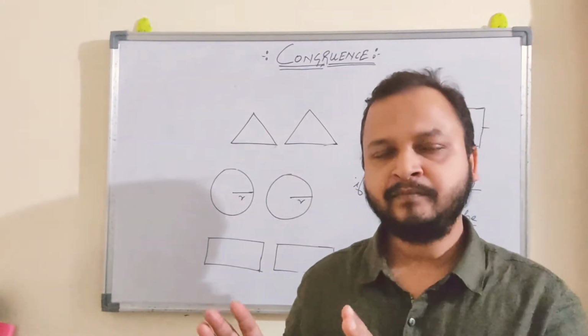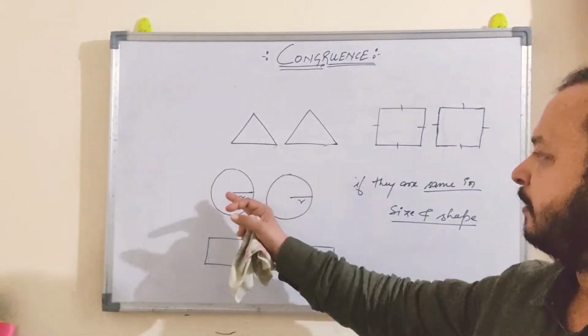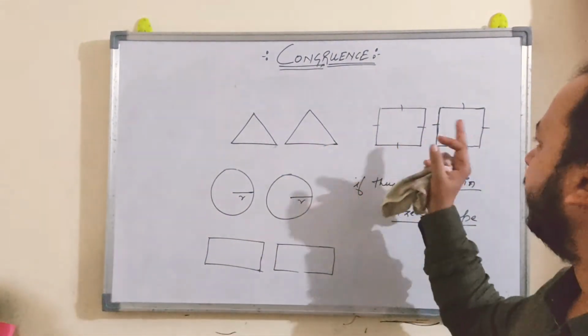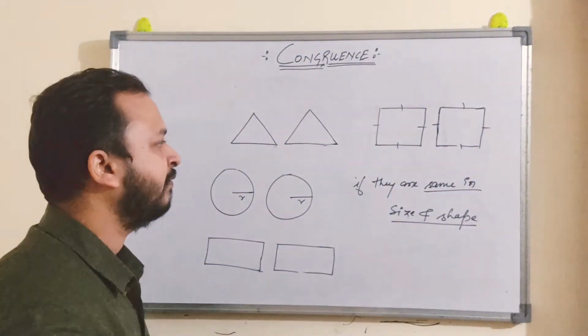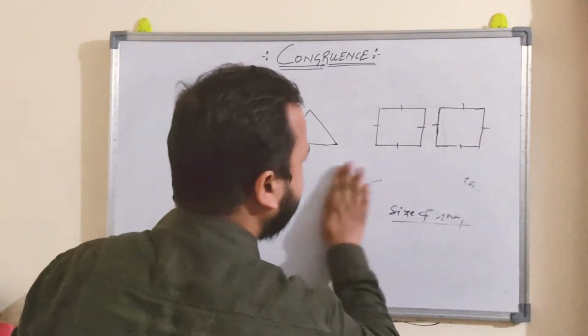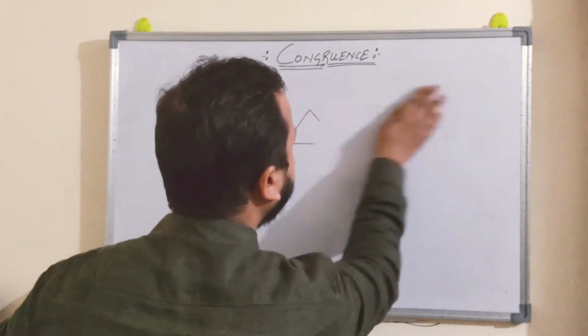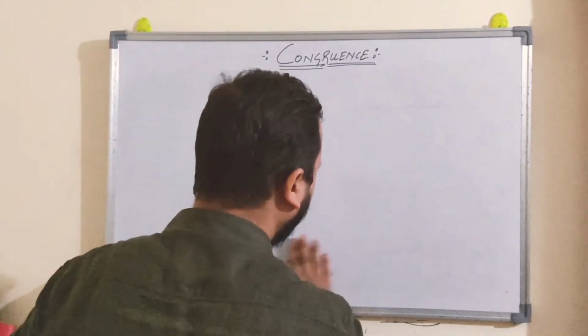And this way of comparing two figures, this triangle, this rectangle and square, is known as superposition, right? This is the basic of congruency. But in this chapter we have to study the congruency of triangles.